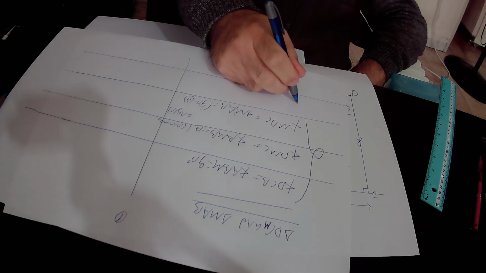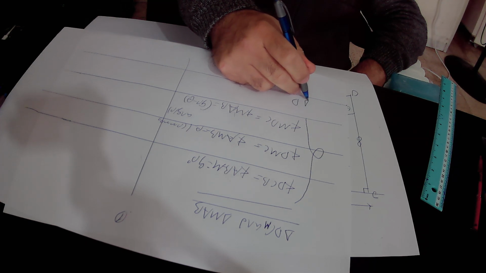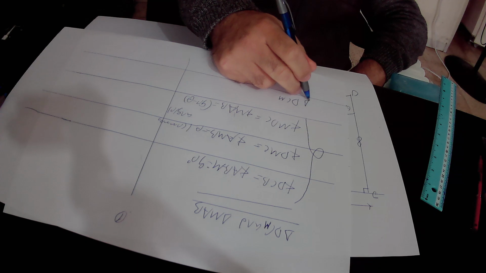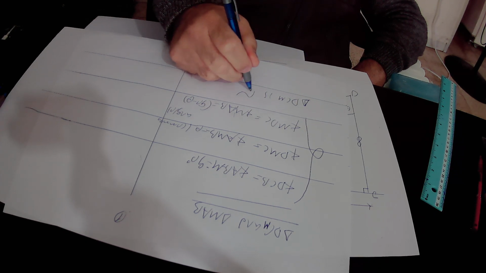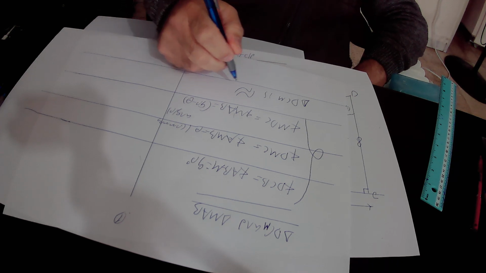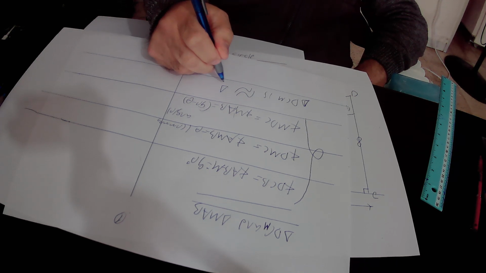So I write it down, and triangle DCM, the big triangle, is similar to the right small triangle MAB. This is the sign of similar.